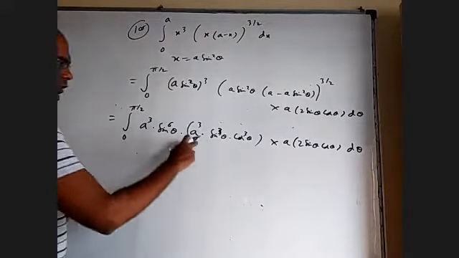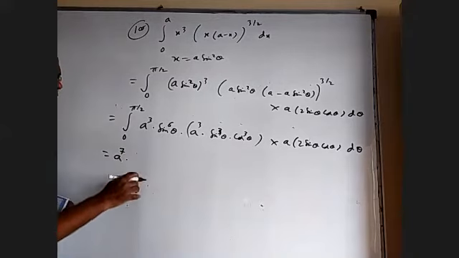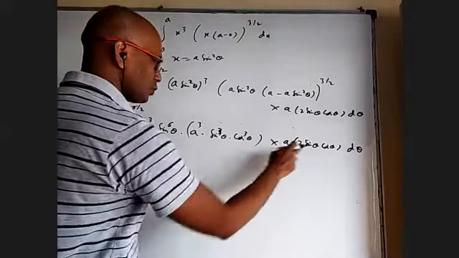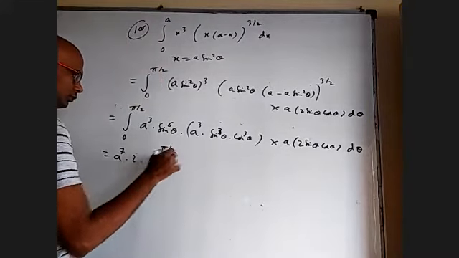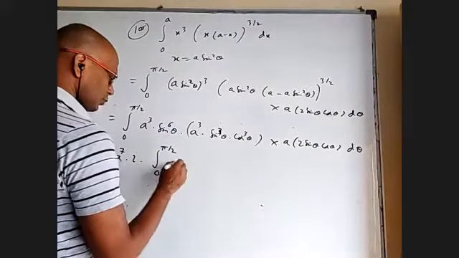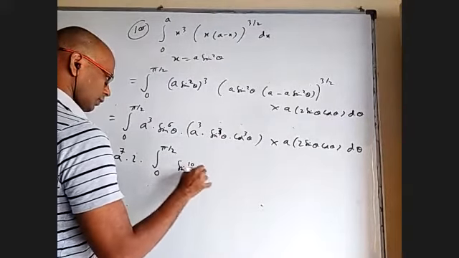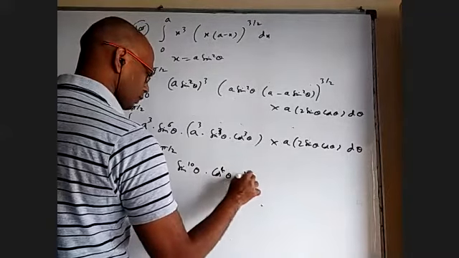So we have a cube here, a here, total a power 7 and 2. Sine power 6, sine power 10 will come in total. Cos cube and cos power 4. Both are even.